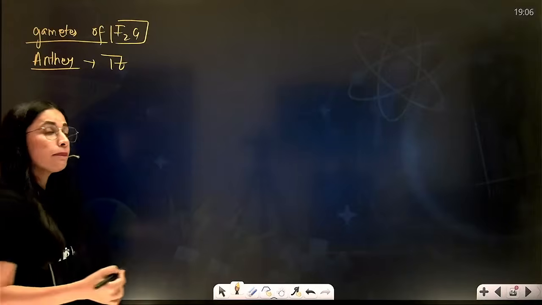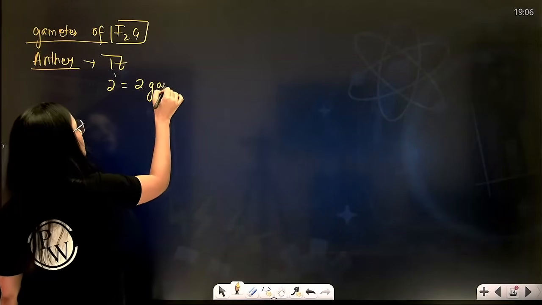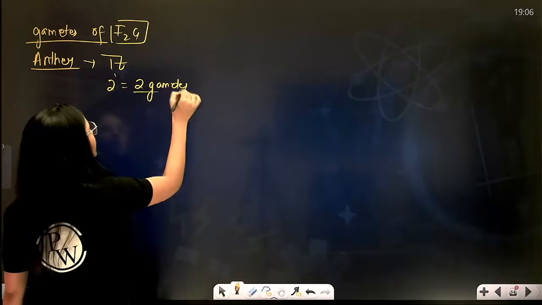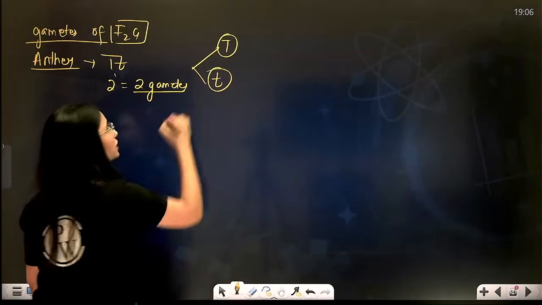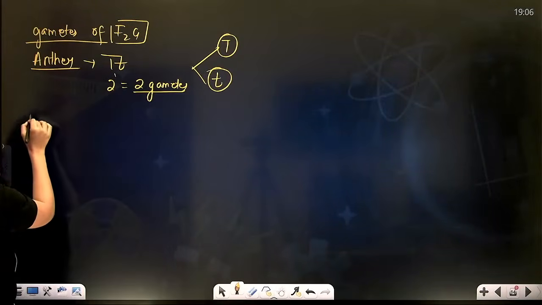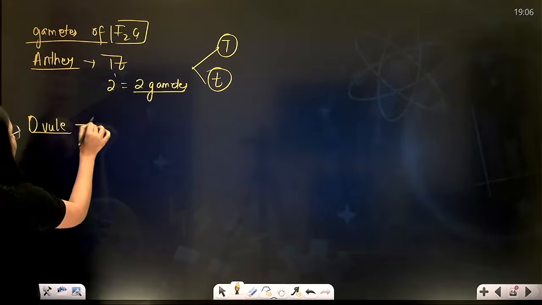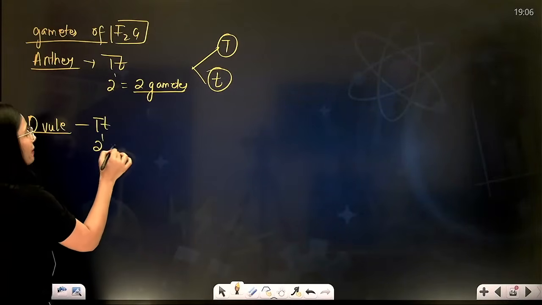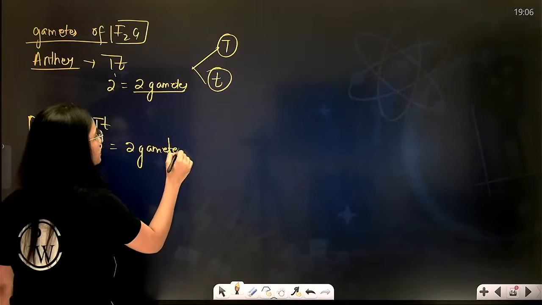So what is the possibility? 2 to the power n, so 2 gametes possible. What are those 2 gametes? One with the capital allele, one with the recessive allele. Same goes with the ovule also. Inside the ovule, meiosis will take place. How many gametes will be produced? 2 gametes will be produced.